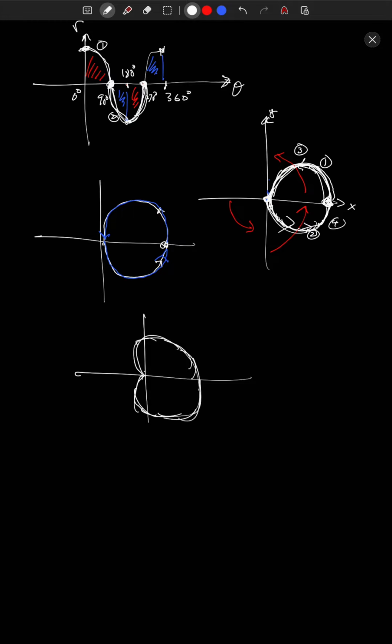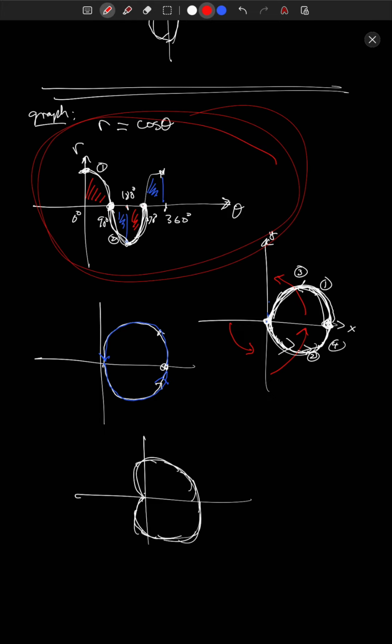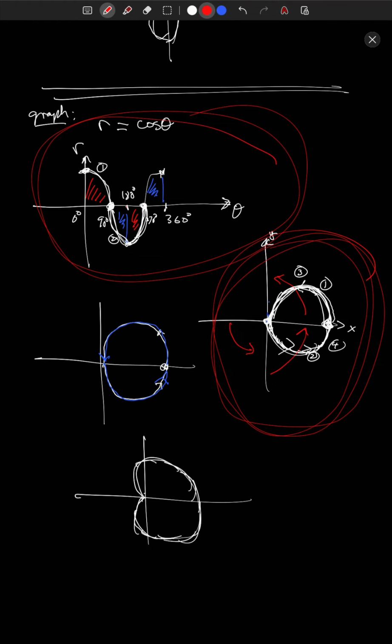But this process of graphing, I think, is important to understand just because it gives us a lot of practice in terms of working the trig, right? The trig picture up here, and in terms of understanding how polar coordinates relate to the trig picture up here. Okay.